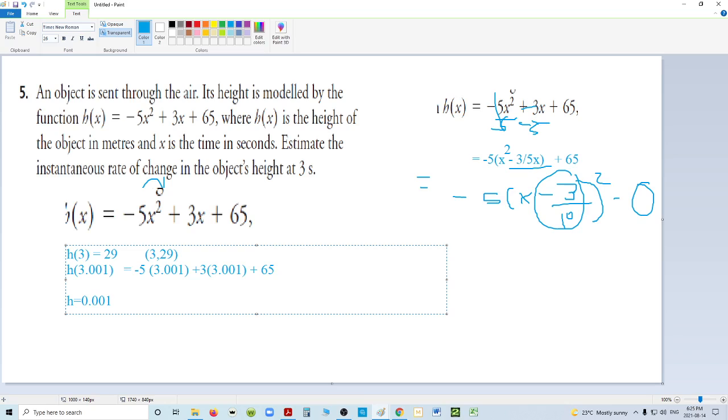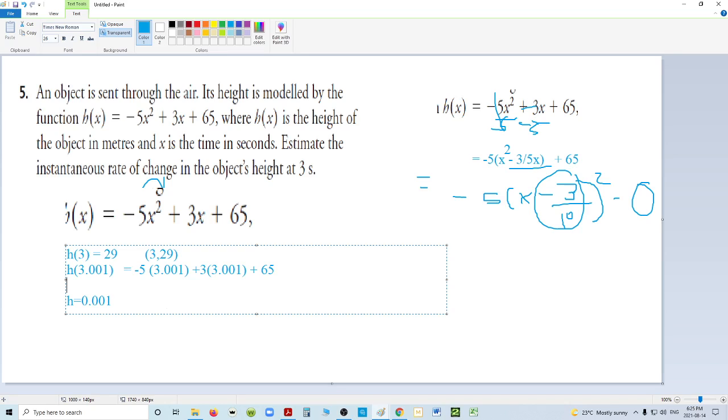And this is going to give me a time just to the right of the thing I'm interested in. And ultimately, I should get a negative answer because I'm downward sloping. So if you don't get a negative answer, you put your h 3.001 on the wrong side of the other one.